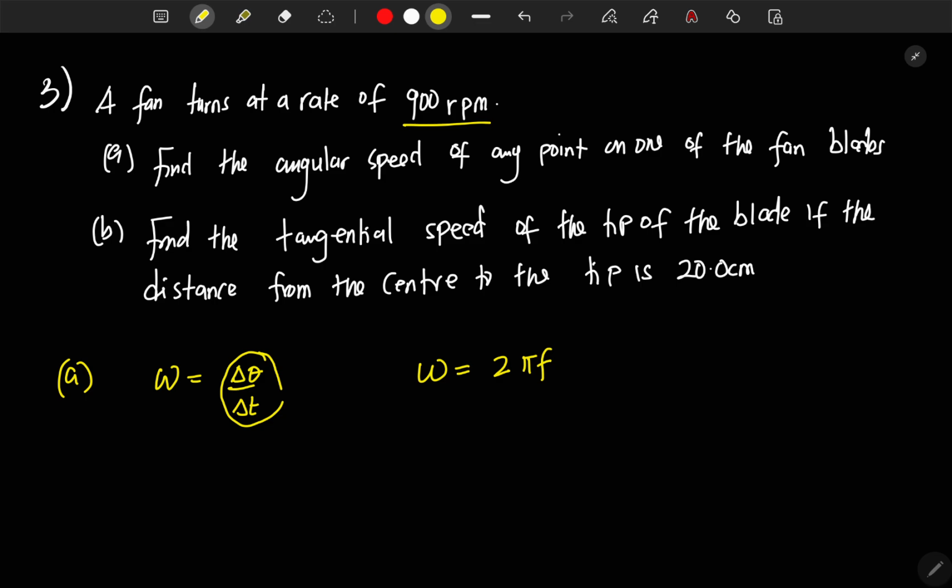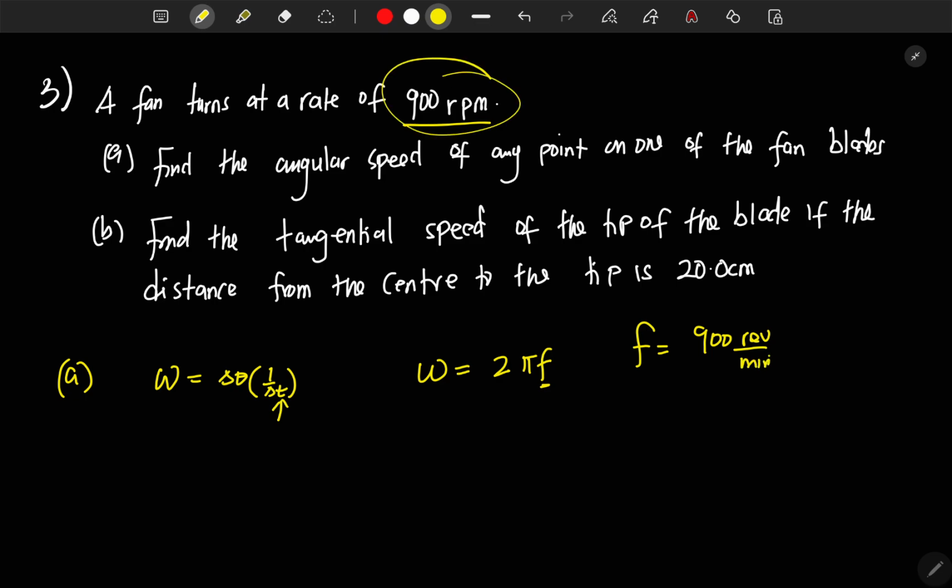And we said if you distribute the change in this, then you say 1 over change in time. This is just the period. 1 over period gives you frequency. So what we've been given here, the frequency, is just what? 900 revolutions per minute. So this is our frequency. Are we together?